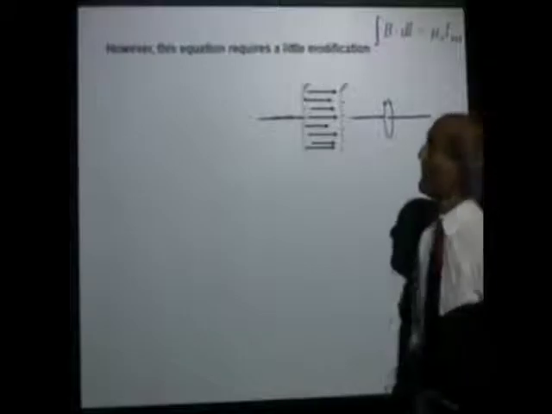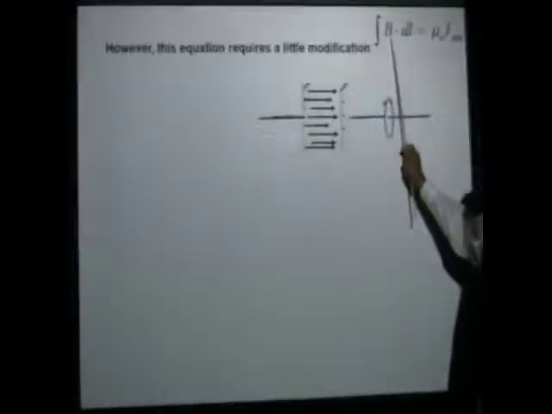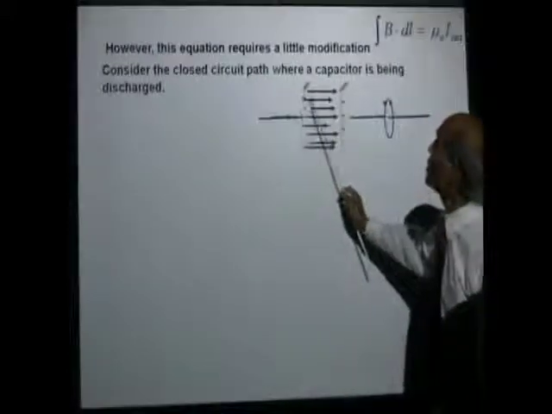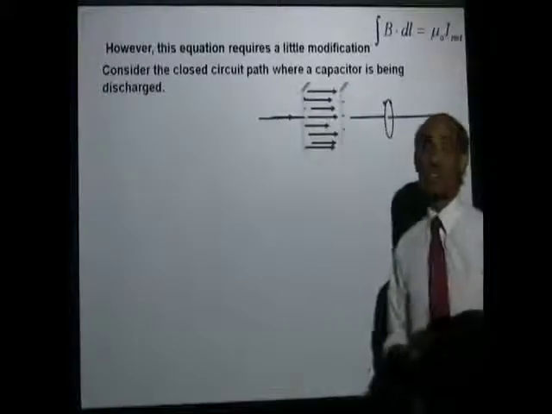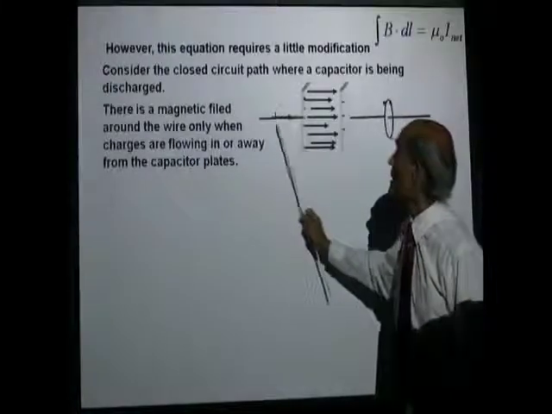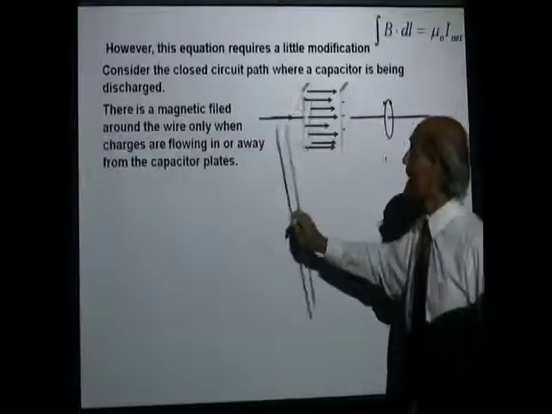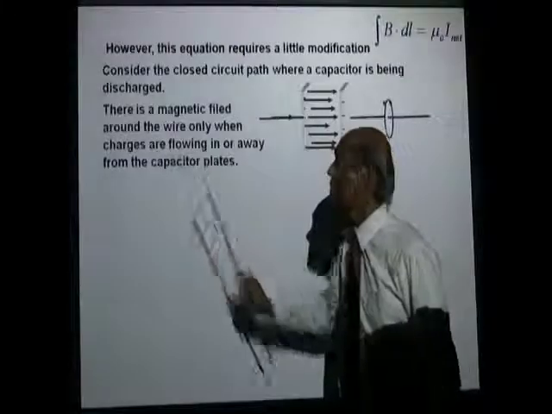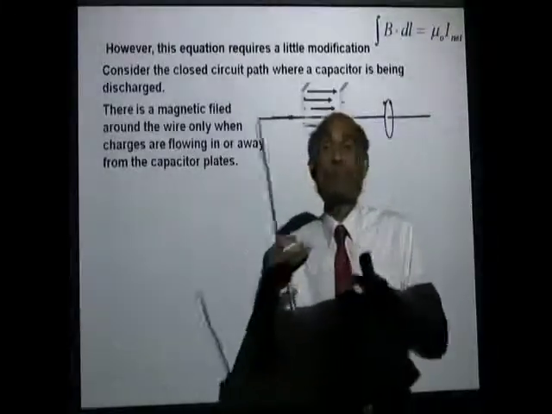However, this equation requires a little modification, and I have written the equation on the top. Why? Consider a closed circuit path where a capacitor is being discharged. There is a magnetic field around the wire only when electric charges are flowing away from the capacitor plates. When the electric charges are not flowing, there is no magnetic field.